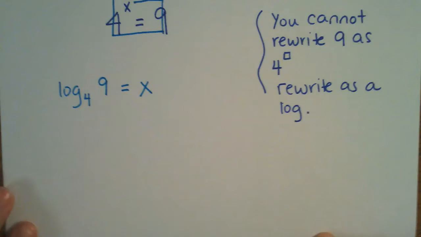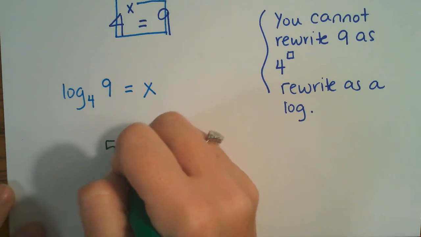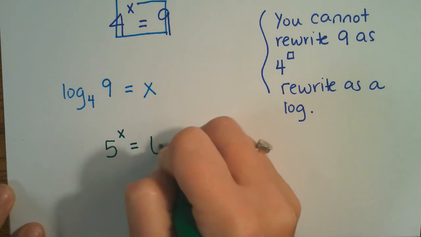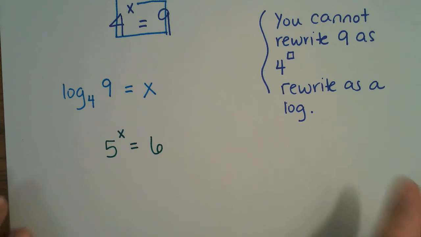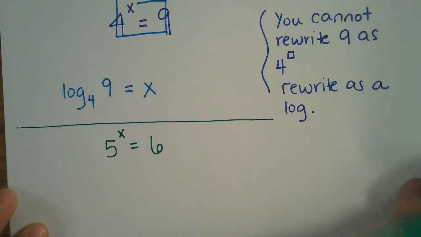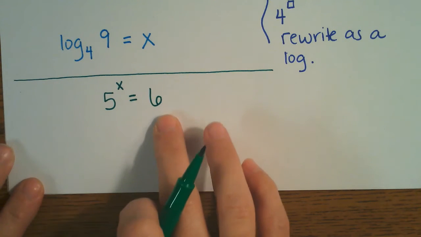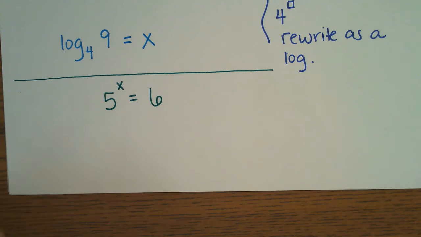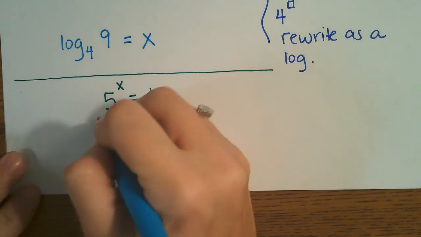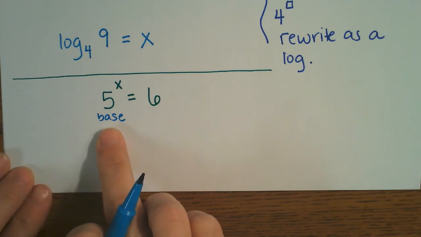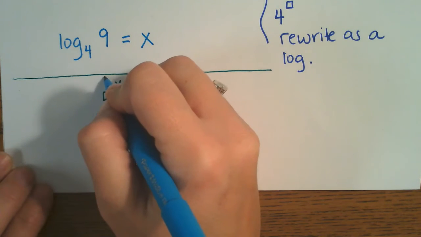All right, let's do it again. Let's see, 5 to the x equals 6. Again, I won't be able to rewrite 6 as a power of 5, so I have to rewrite it as a log in order to solve. Remember, this is the base for our exponential, so that helps me remember this is where I'm going to start.